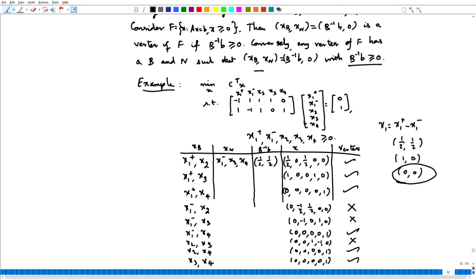So when you choose m independent columns out of A, the variables corresponding to those columns are xb and the other columns are xn, that is xb are basic variables and xn are non-basic variables.